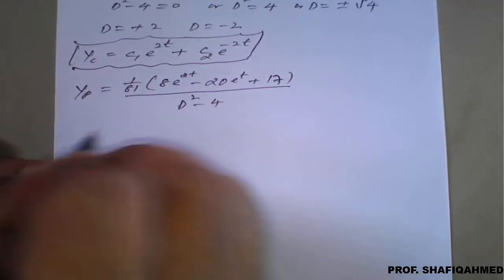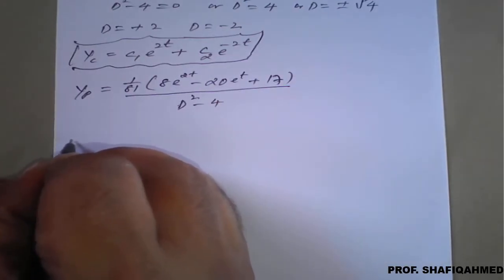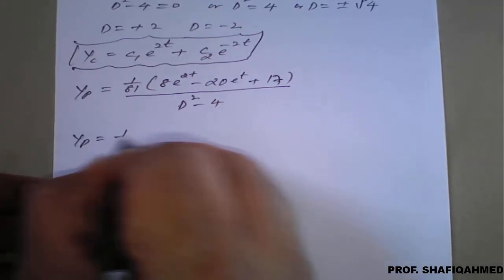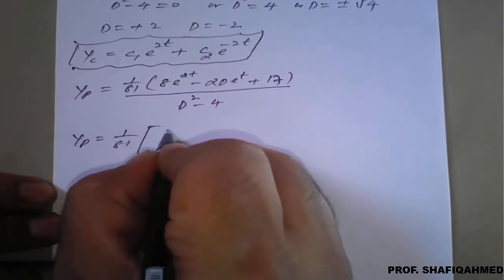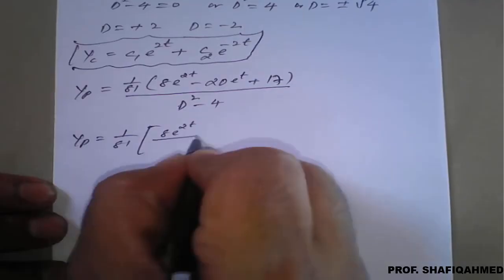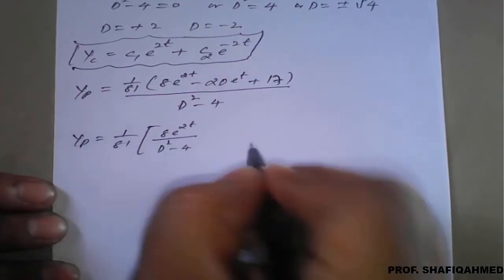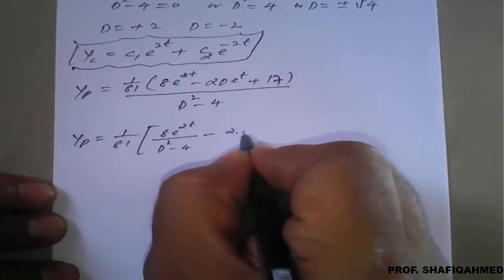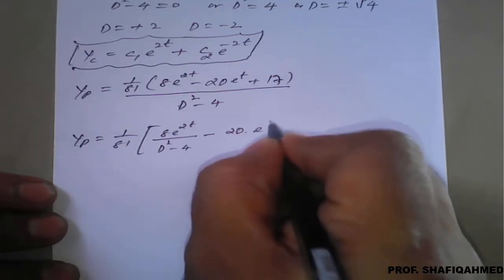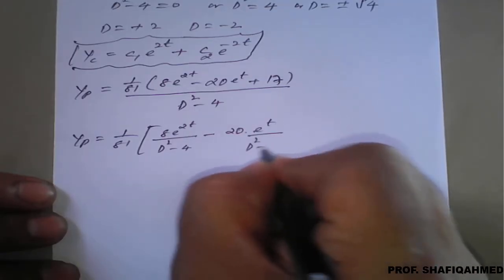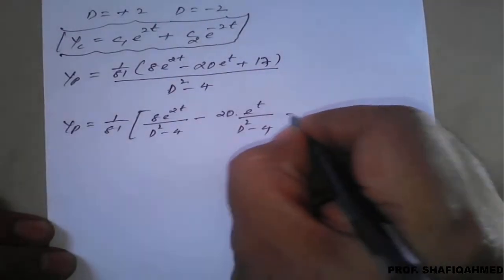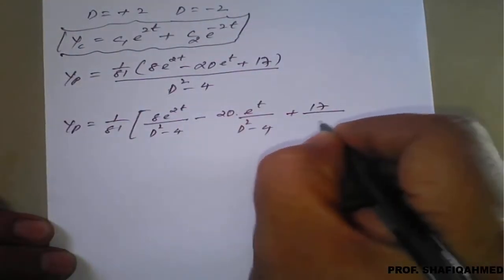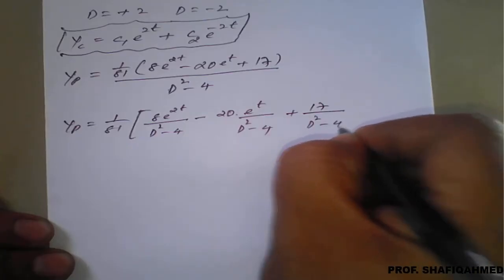So this can be rewritten as yp is equal to 1 upon 81 of 8 e raised to 2t upon d square minus 4 minus 20 into e raised to t upon d square minus 4 plus 17 divided by d square minus 4.